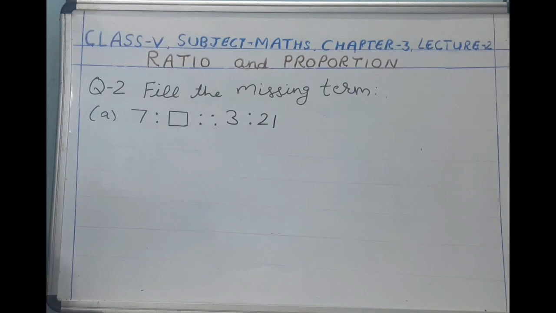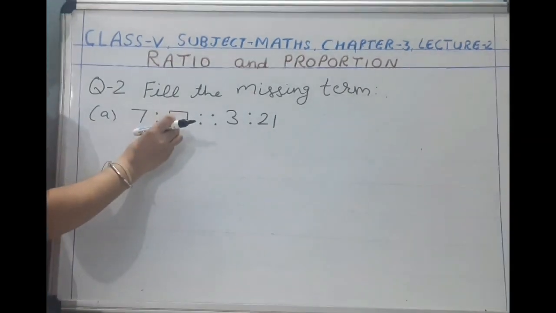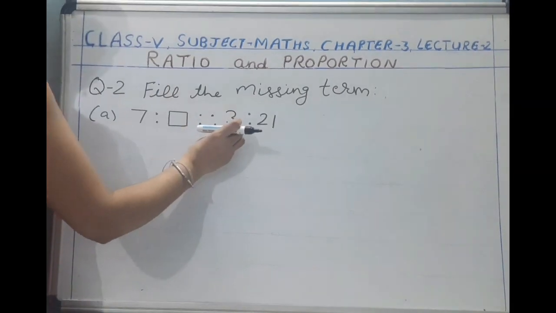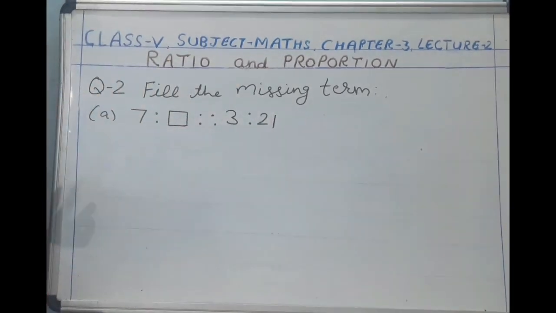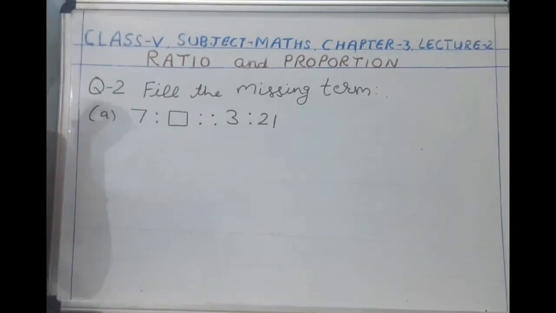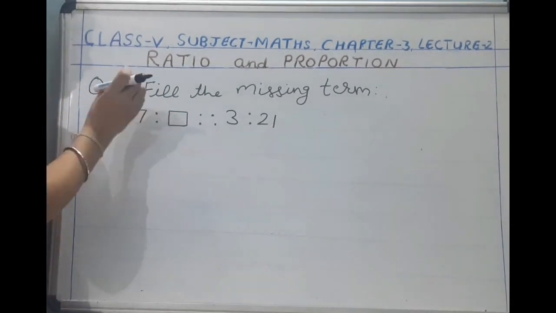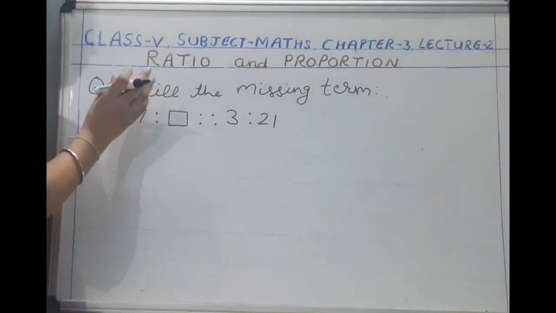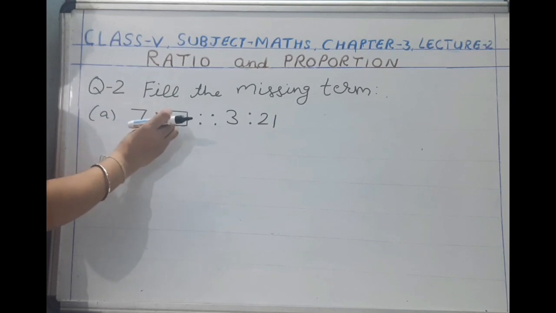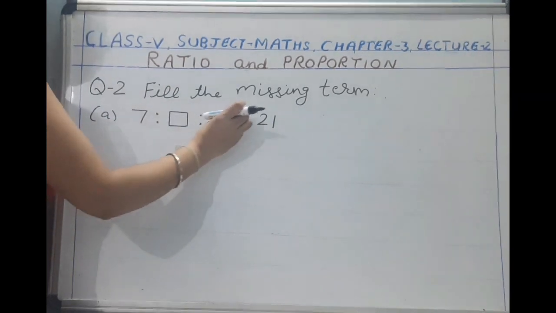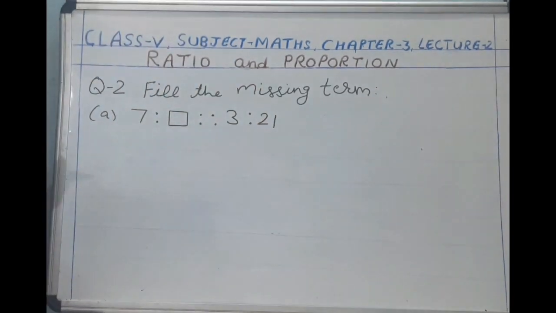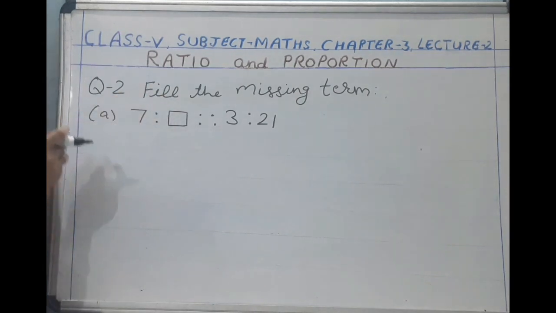Now beta, you can understand from here that as it is written 7 ratio box proportion 3 ratio 21, it is clear from here why it is written here. ये ऐसा लिखा हुआ है क्यों? क्योंकि ये 7:dash equal है 3:21 के. And we have to find out this missing term.